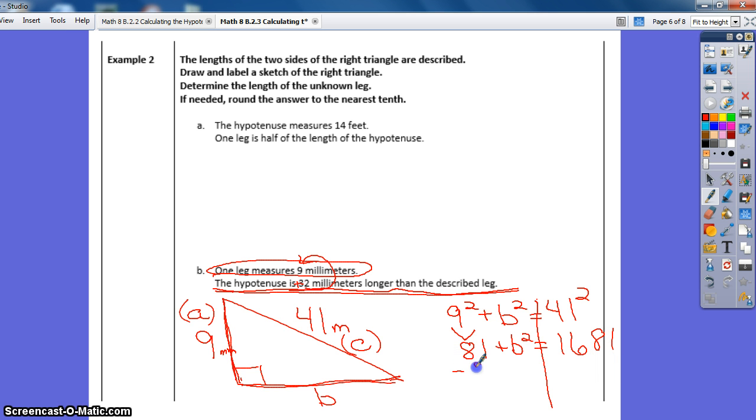And then we subtract 81, and what you do to one side you have to do to the other, so minus 81. I now have B squared equals 1,600. And 1,600 is what kind of a square? Perfect. So B equals, what did you get when you hit the square root button? Exactly 40, a whole number, and it's millimeters.